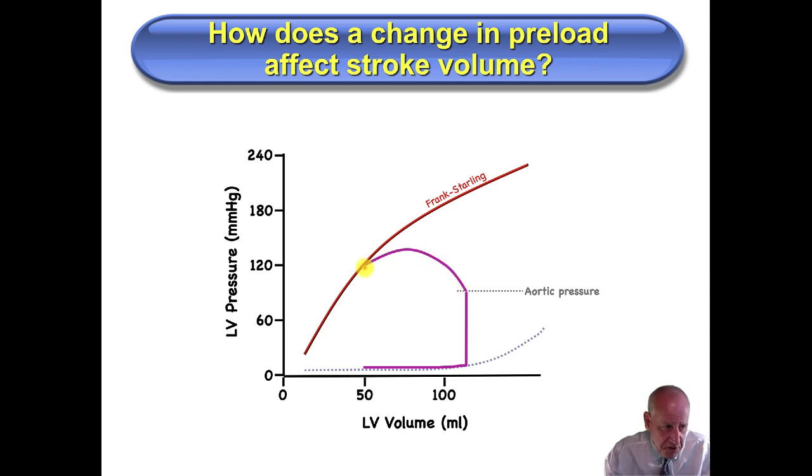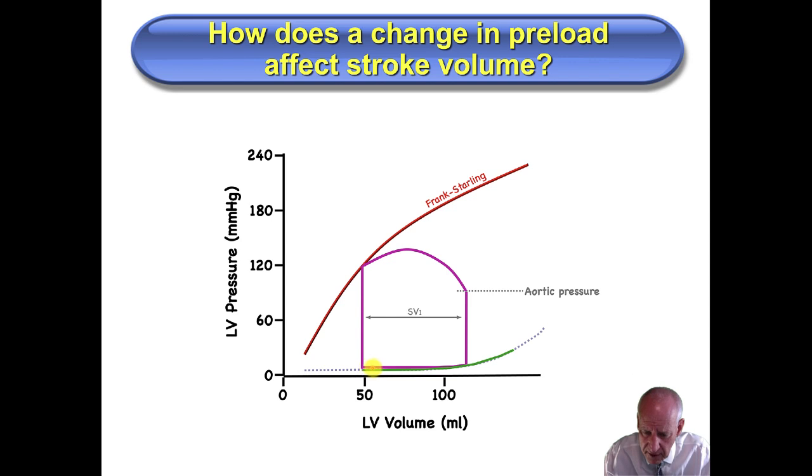At the end of ejection, the ventricle returns to the end diastolic volume dictated by the intersection of the ventricular function curve. Why? Because at that degree of stretch, the ventricle can only develop 120 millimeters of pressure. We then enter the ventricular relaxation phase to return us to a new cardiac cycle. So this PV loop would model a normal cardiac cycle with a stroke volume of about 65 mLs.